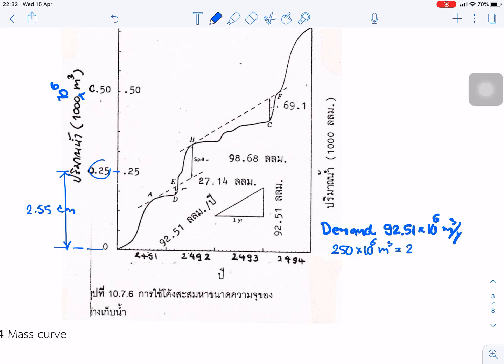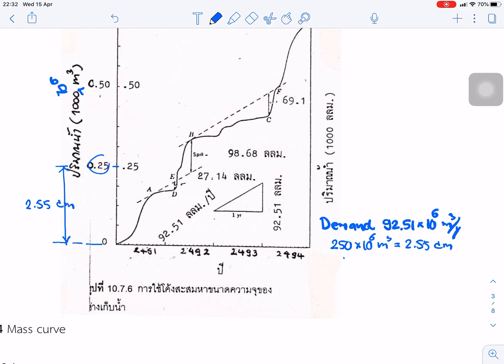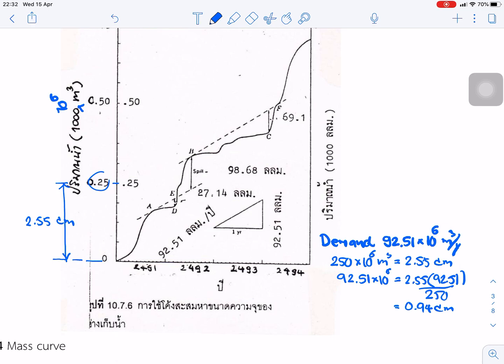So we can make a proportion that 92.51 is equal to 0.94 centimeter. So we build a slope. This length is about 2.94 centimeters, and this one is 1 year.